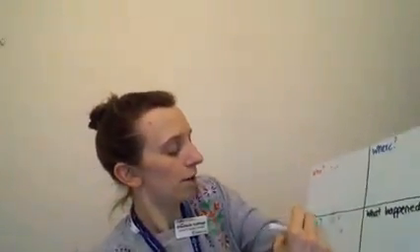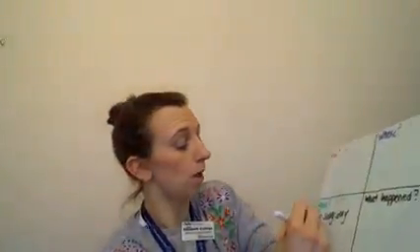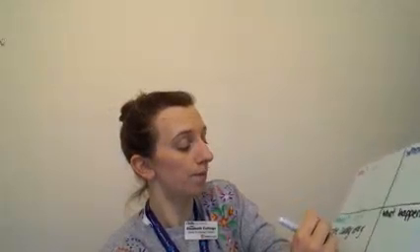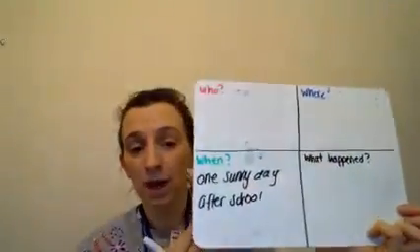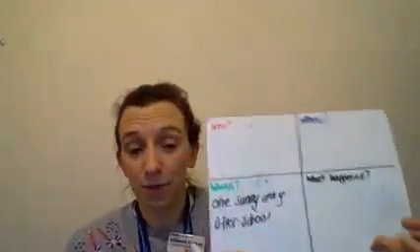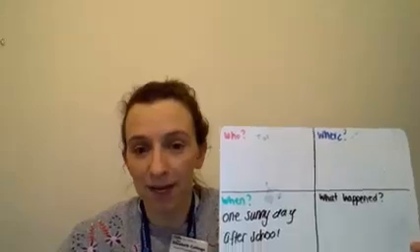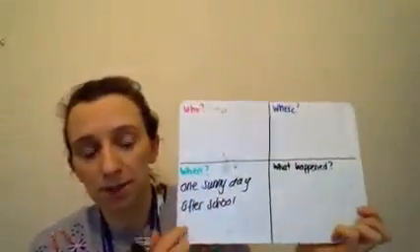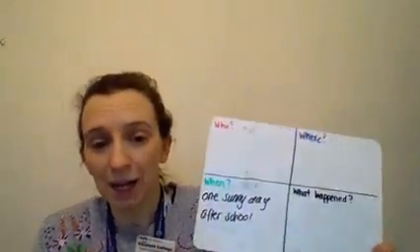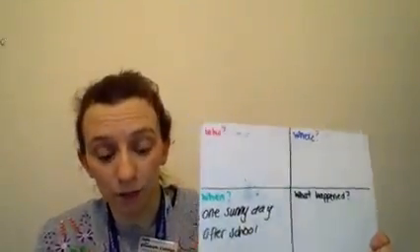So should your story take place one sunny day, or after school? You can use this to give them a couple of ideas of how they might get started. So that's one way that you can use a bit of a visual to get going with planning a little story.